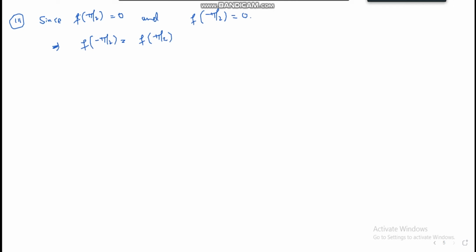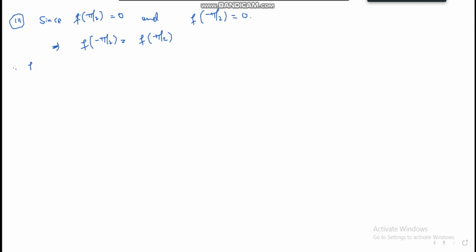First one is f of x is continuous, second one is f of x is derivable. Then for the third condition, we know that f of pi by 2 is equal to 0, already proved above, and also f of minus pi by 2 is equal to 0. This implies that f of minus pi by 2 is equal to f of pi by 2.